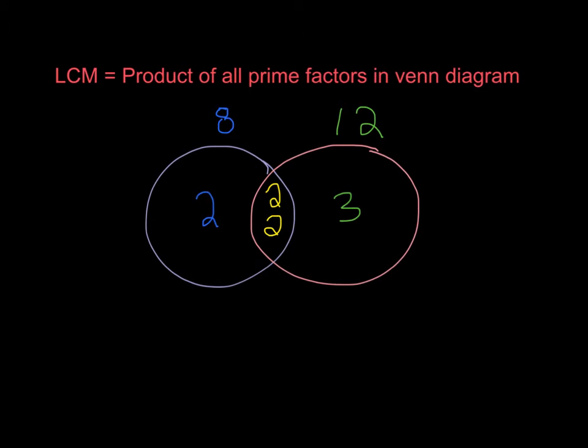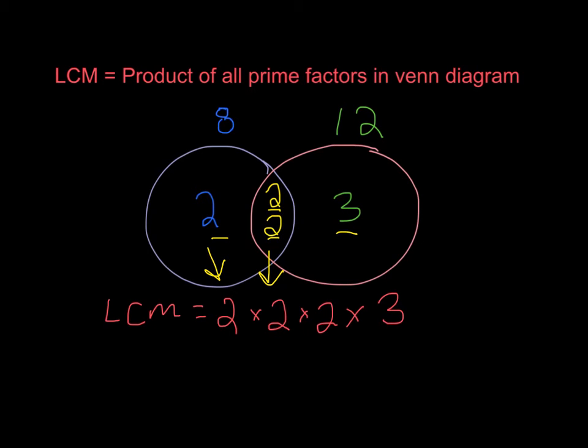Now we have the lowest common multiple. The lowest common multiple is the product of all the prime factors in the Venn diagram. So we're going to multiply together all the numbers that we see. It's going to look something like this. So the LCM equals 2. We're going to bring this one down. Next, we're going to bring down our common factors, so times 2 times 2, times 3. So we're bringing this 3 down.